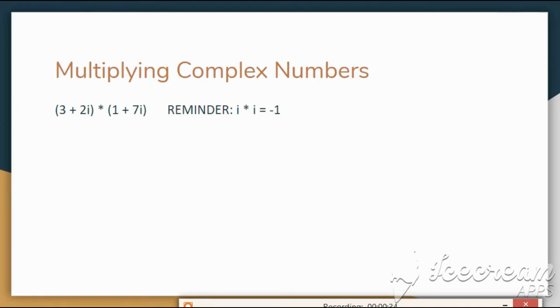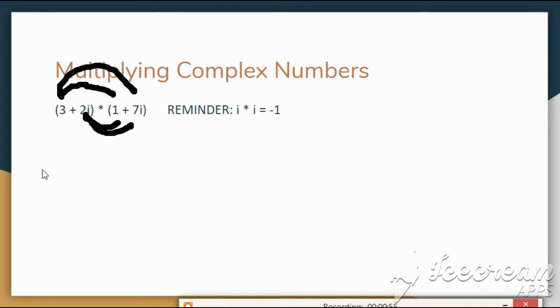So what we have to do when doing these multiplication problems is basically FOIL them. So we would be multiplying 3 and 1 and 3 and 7i, and we would also do 2i times 1 and 2i times 7i.